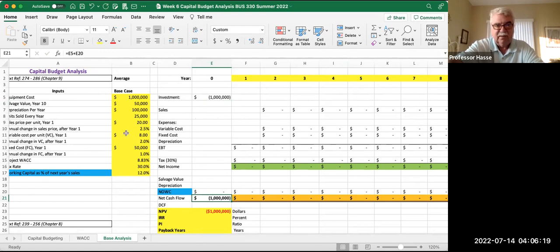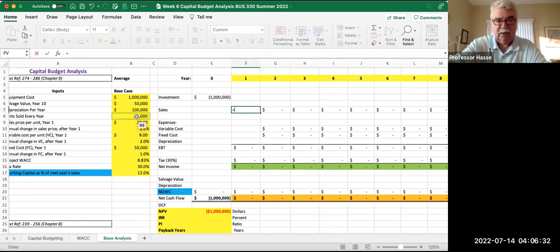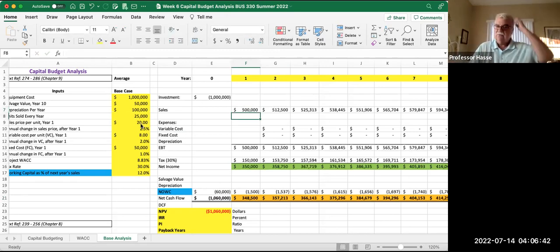Well, we can see that they're going to sell 25,000 units a year at $20 a unit. So right here in the first year sales, I'm going to put in equals the amount of units sold this year times the selling price, $20, $500,000. But notice something else happened in this problem.